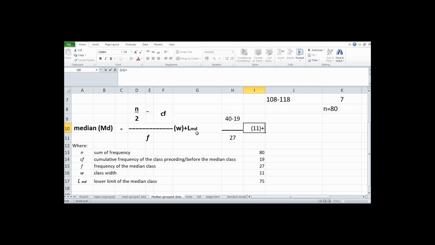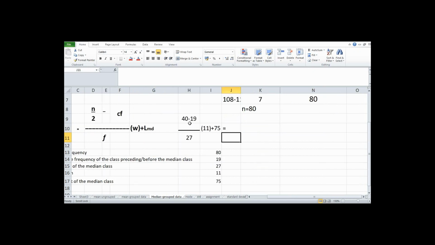And our LMD is 75. So we now have 40 minus 19 is equal to 21. 21 divided by 27.